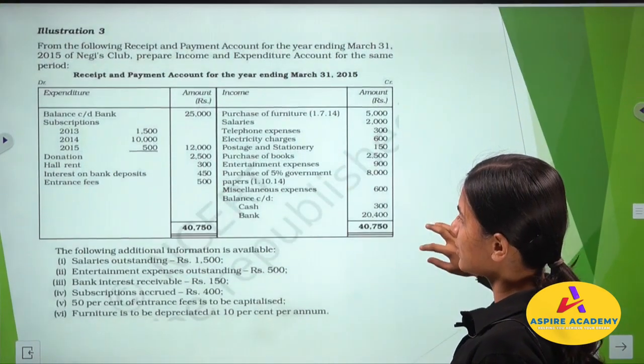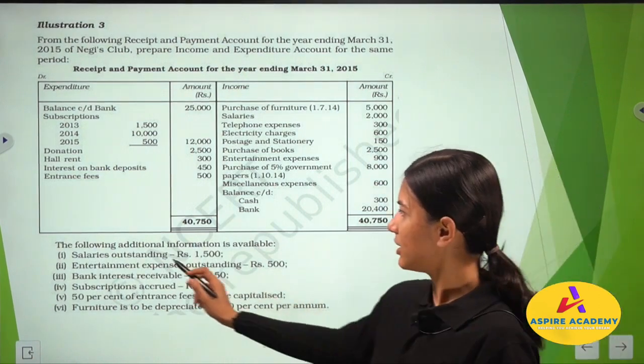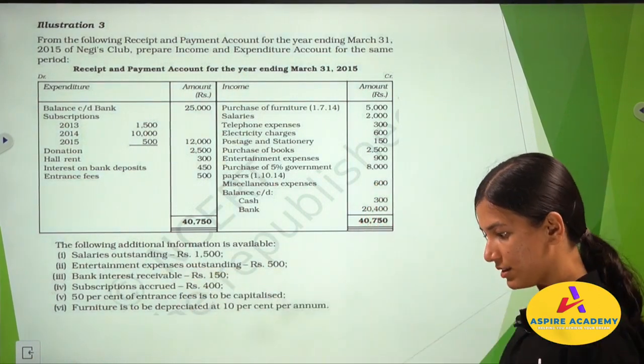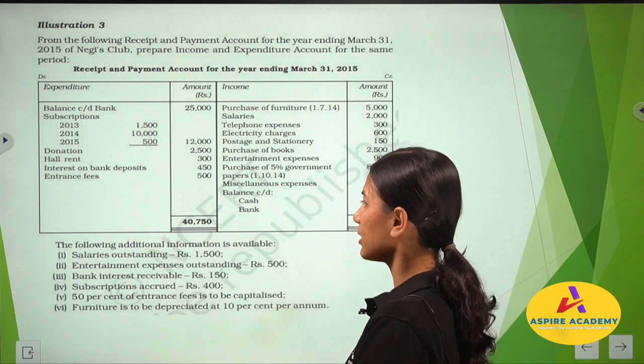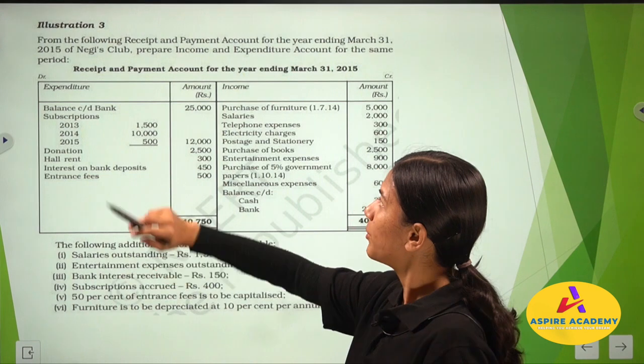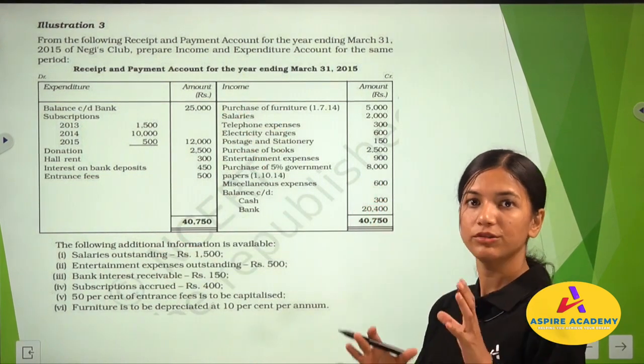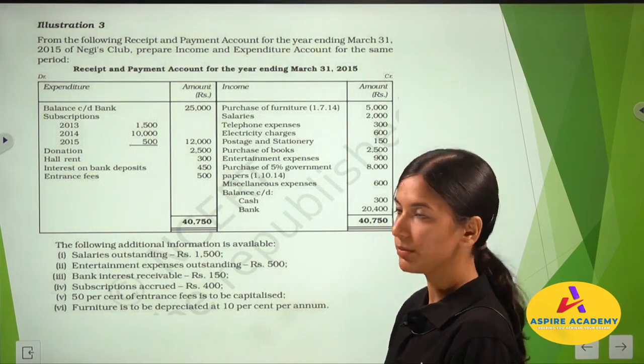Now one more illustration is there. Here some adjustments need to be made because additional information has been given. See, in this side you have subscriptions, but for the income and expenditure account we know that the amount relating to the current period only is recorded.